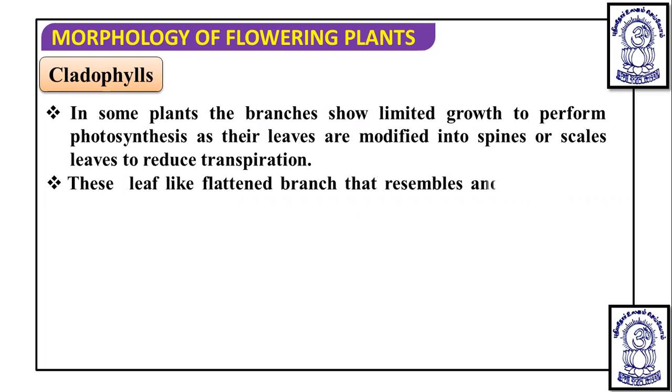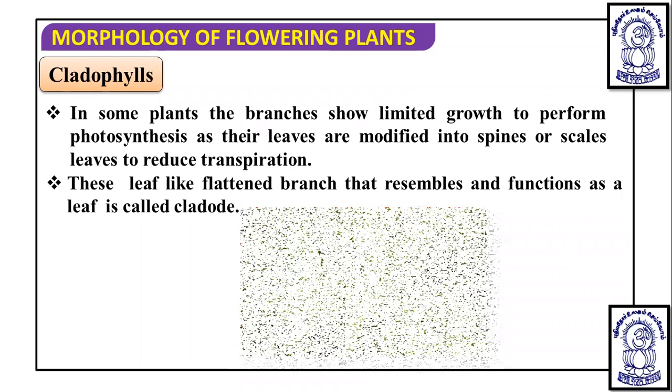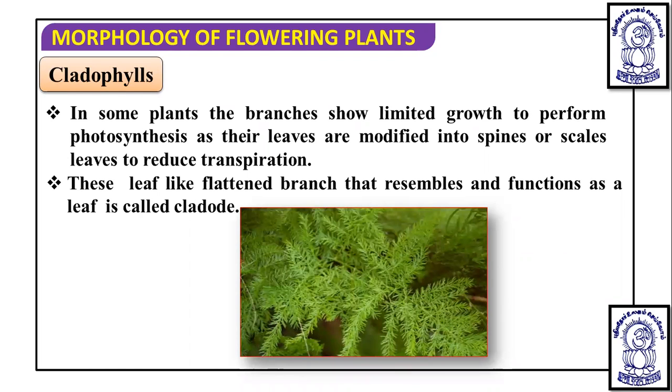This leaf-like flattened branch that resembles and functions as a leaf is called a cladode. You can see here you will mark this as a leaf, but these are not leaves. They are nothing but a cladode, because your branch gets modified.